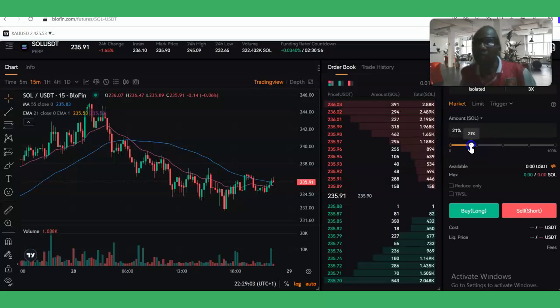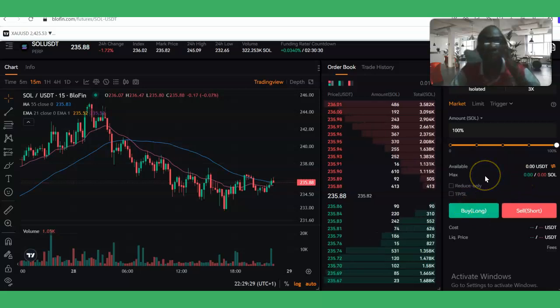So are you buying with 20%, 25%, 50%, 75%, or 100%, the totality of your assets? If you're buying with all of it, you use the scroll and take it this way. Then if you're selling, you place your short. You are shorting. So in futures, we call it short. For futures, you buy.